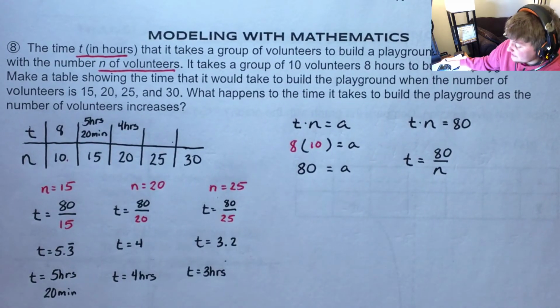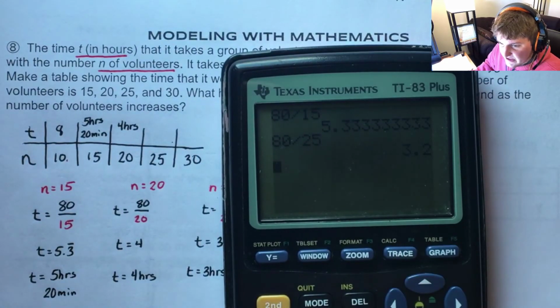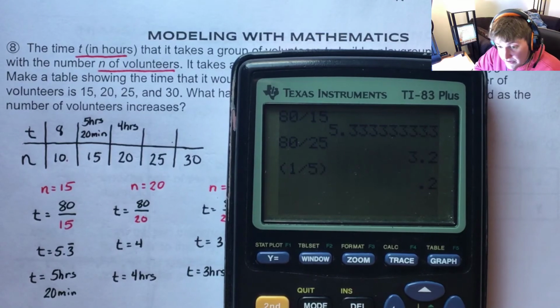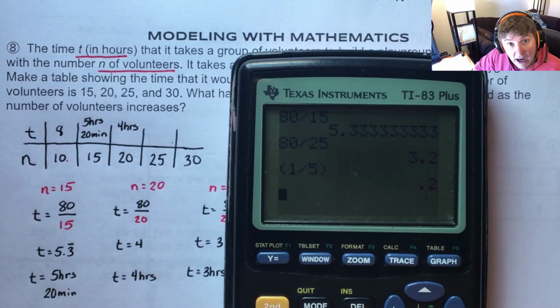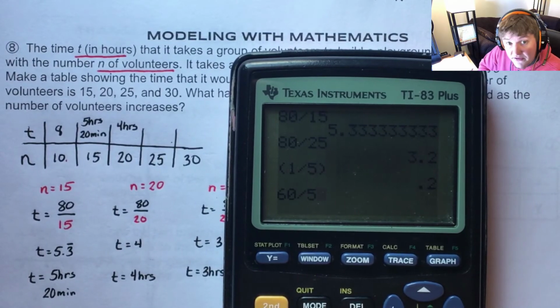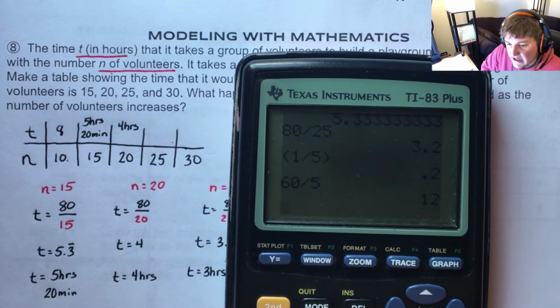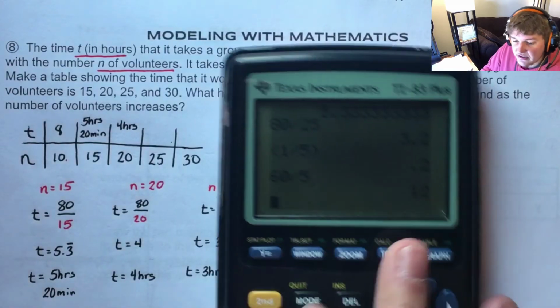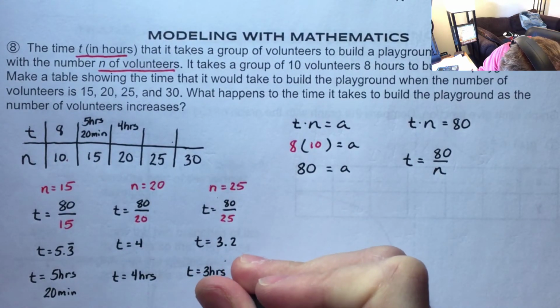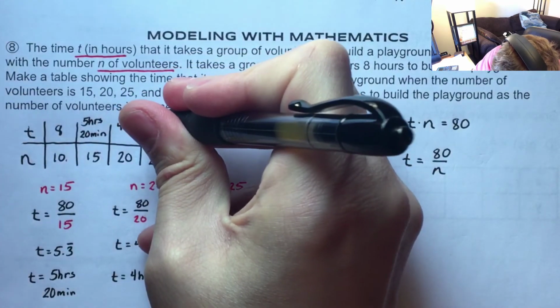You can see this here, 1/5 is 0.2, so a fifth of an hour. We can take our 60 minutes and divide it by 5 to figure out how many minutes it's going to take. In fact, it's going to be 12 minutes on the dot. So this is going to be 3 hours and 12 minutes, and we can fill that in.